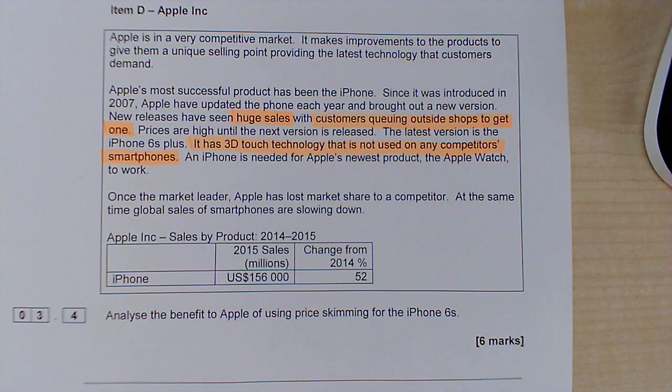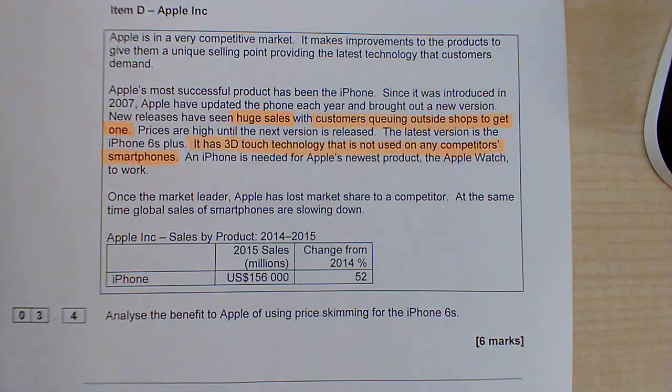They've got customers who are happy to wait patiently to queue and are probably going to be outside the shop every year waiting for the next version of the Apple iPhone. Finally, it also has here a comment about 3D touch technology, and that this is not used on any other competitive smartphones. I think that's a very relevant detail as well, because that then gets to the heart of why they might be able to use price skimming.